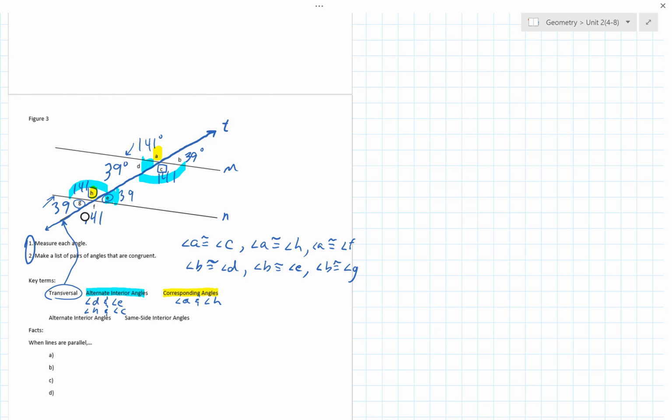Have that discussion in your group right now, about 30 seconds. See if you can list some more pairs of corresponding angles. So we have one pair here. See if you can list some other pairs of corresponding angles.